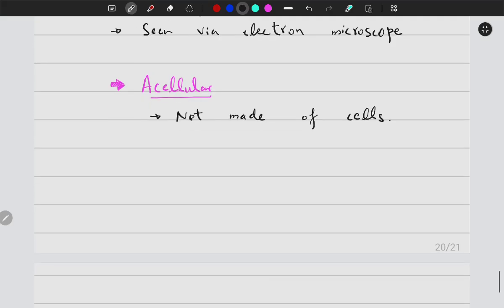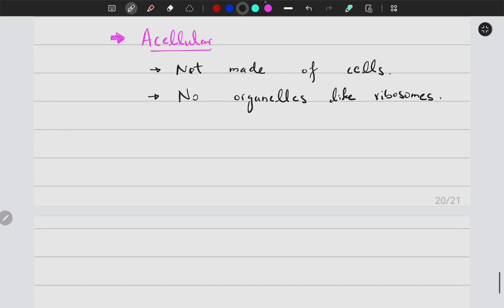Right? They don't have cells. They don't have organelles like mitochondria, like ribosomes. So they don't have any kind of biosynthetic machinery. Right? So what are they made up of?